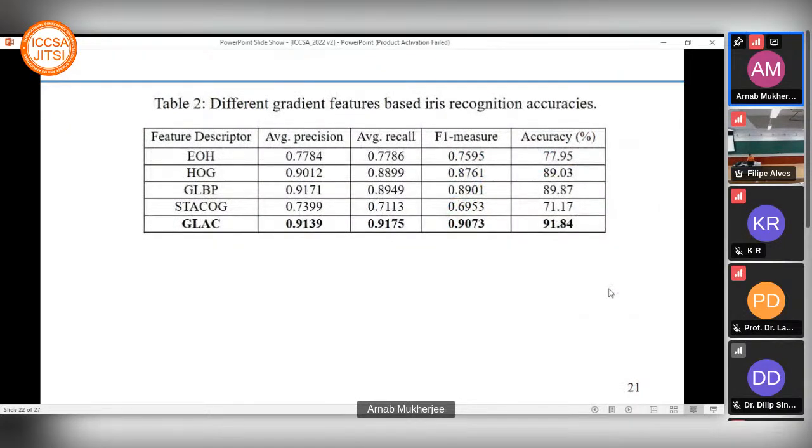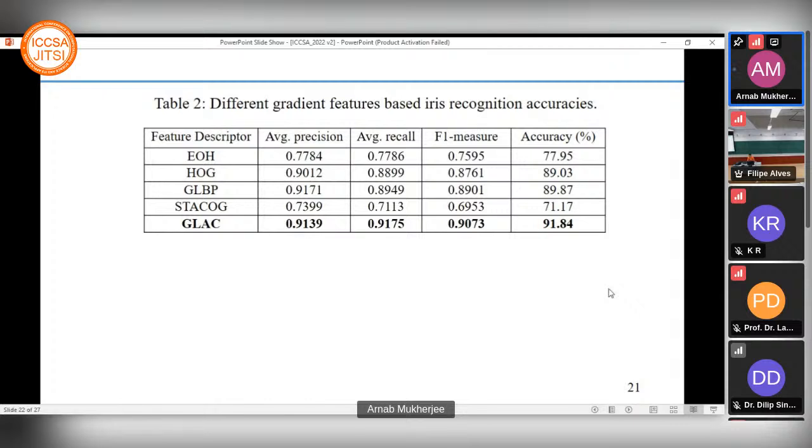To compare the performance of our gradient feature descriptor with other gradient and histogram based descriptors like histogram of oriented gradients, shape invariant gradient local binary pattern, and space time autocorrelation gradient, and finally Gluck with the other operators.